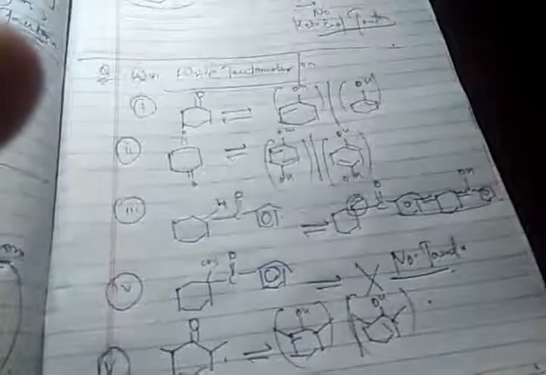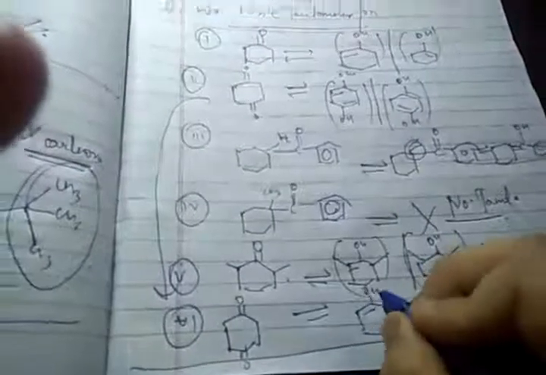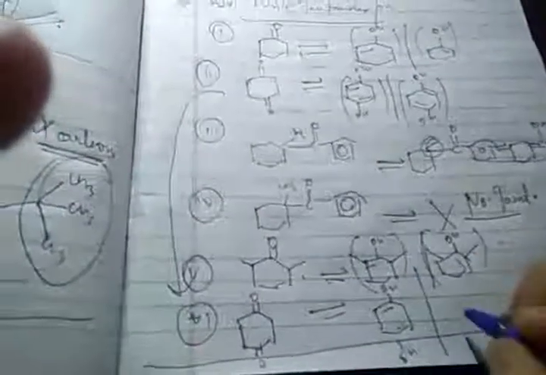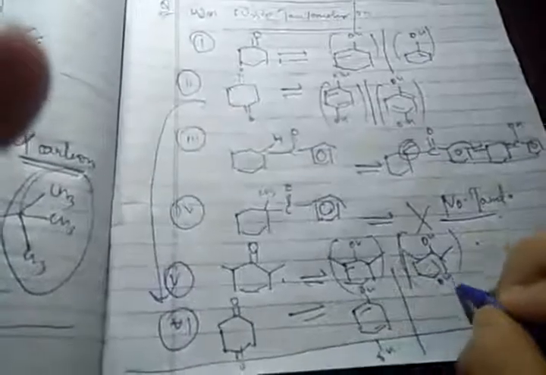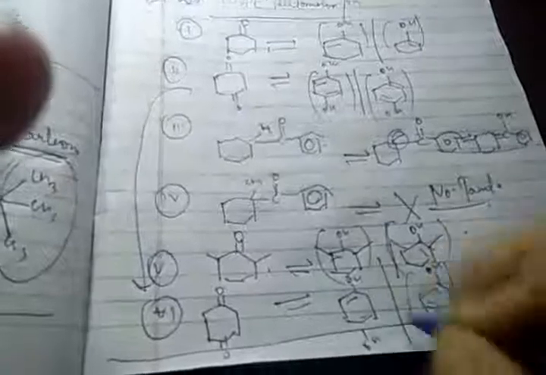Now in this case, is it going to be happening? Of course. This is the same question as here. Now this was all about tautomer and tautomerism.